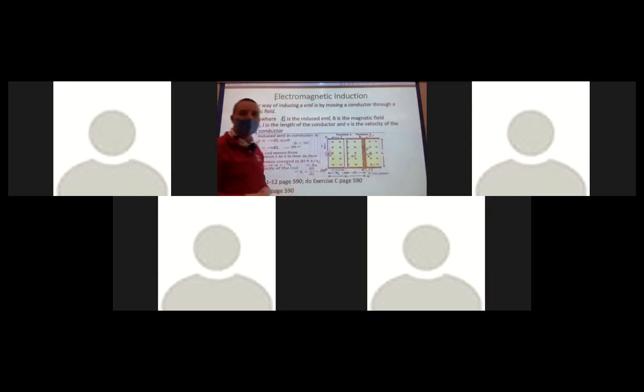Imagine in this picture that we have two metal conductors along the top and the bottom, and each of these two metal conductors has a current running through it.